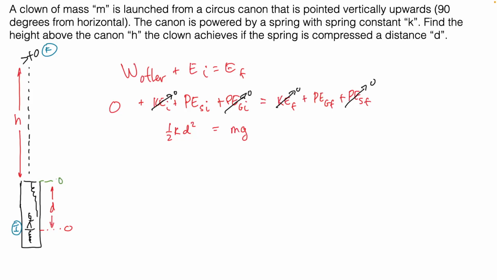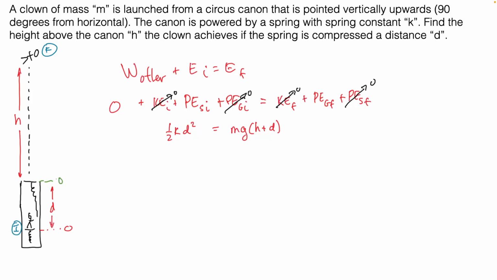H as a concept is the vertical height that the object goes or the vertical height it falls. But in this problem, h means something very specific. It means the height above the exit of the cannon. So it's mgh, but I've got to make sure that I am consistent with my initial and final choices.